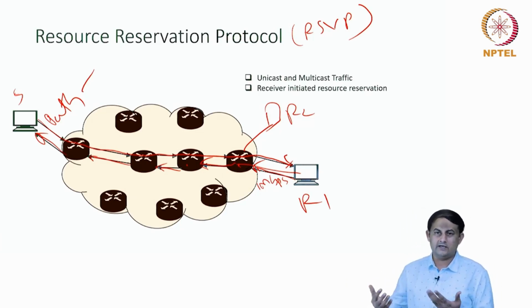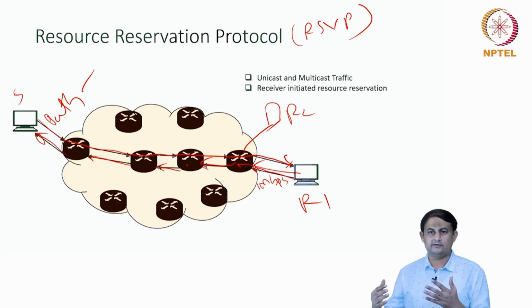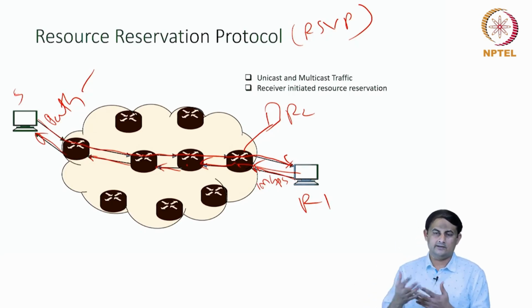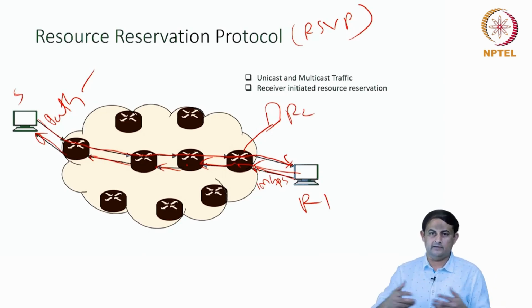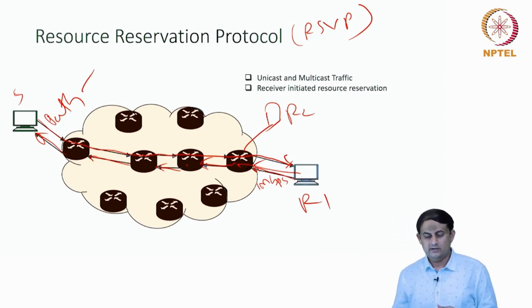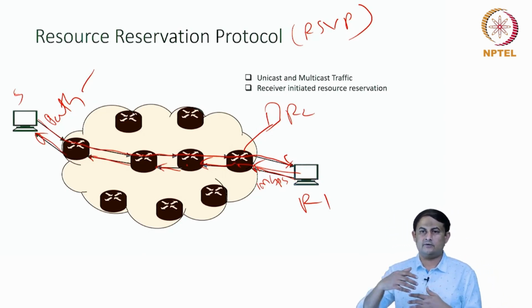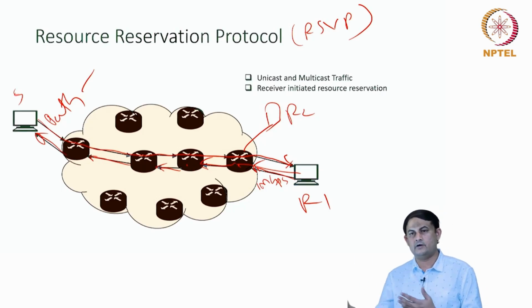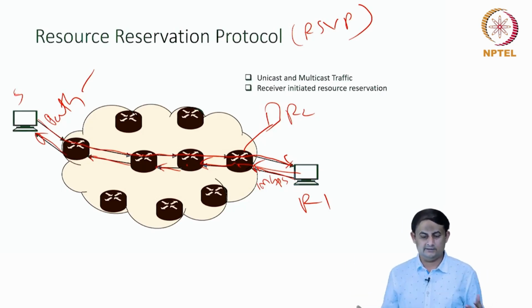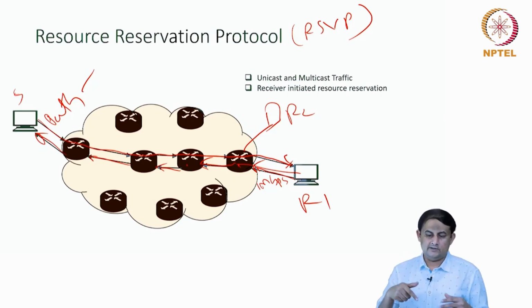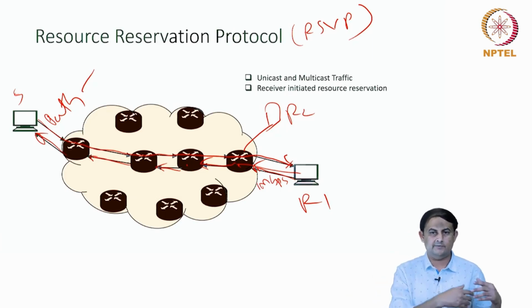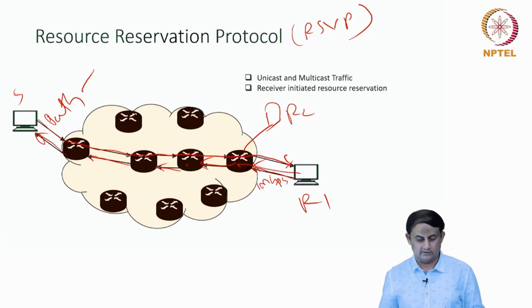It is not necessarily always a sum, but in some format, whatever the requirements R1 and R2 have set. If it is a bandwidth, it can be the sum of these two. If it is the transmission rate or the delay, it can be the minimum of these two, or it can be anything. So it can decide what the requirement by R1 is, what the requirement by R2 is, and based on that, an aggregate requirement may be sent by the router.